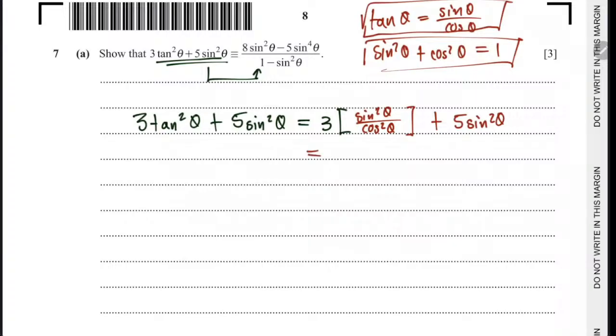Which is going to be equal to, we should go step by step until we get this. Can you see it? So this becomes 3 sine squared theta over 3 cos squared theta plus 5 sine squared theta. You see? Then, can you see that this is 1 minus sine squared?